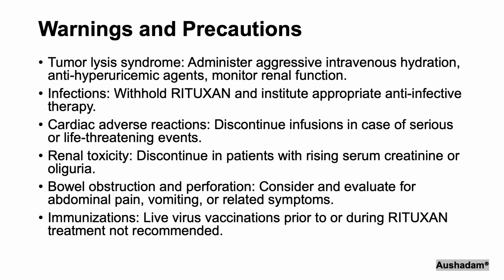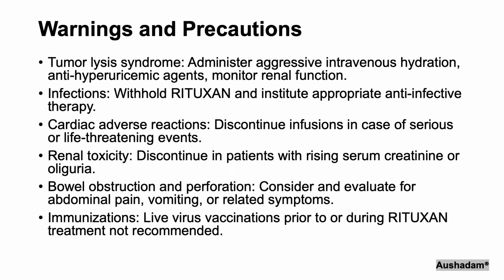Some of the warnings and precautions using this drug include tumor lysis syndrome. What it means is if the B lymphocytes are massively destroyed, release of certain chemicals like uric acid or change in electrolytes in a short period of time can lead to some of these side effects, like cardiac adverse events or renal adverse events.